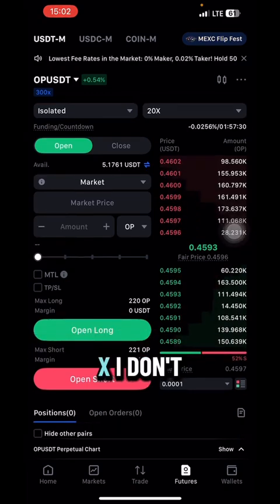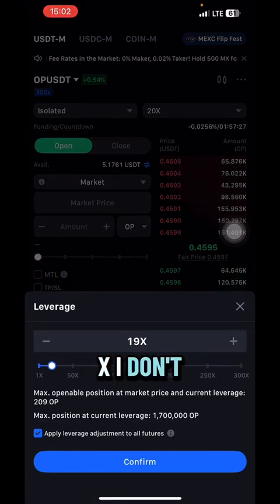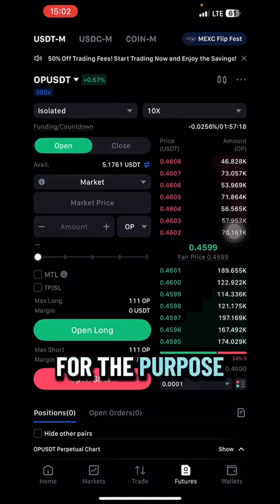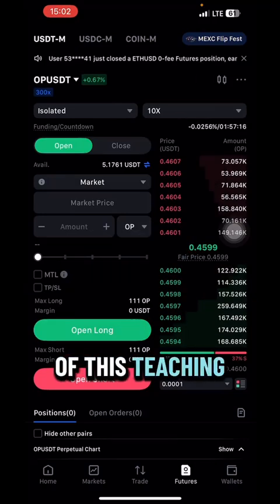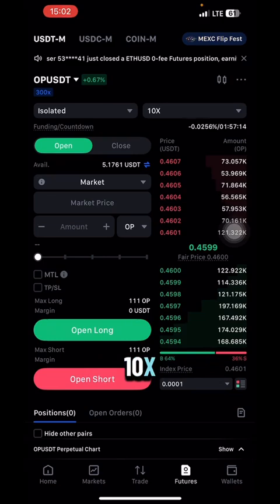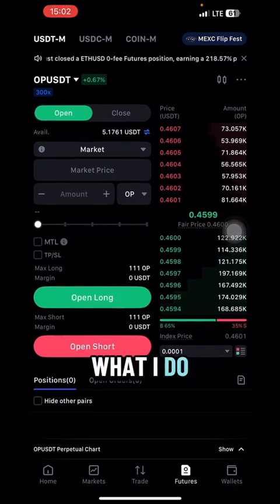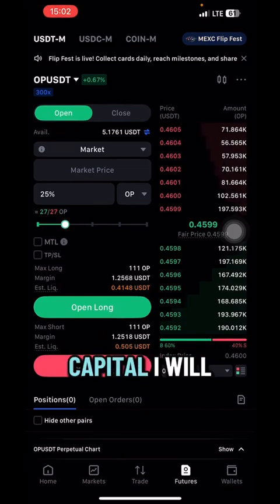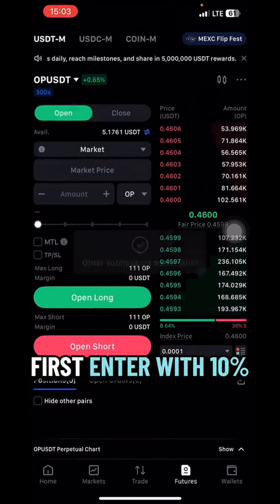This is 20x. I don't use more than 10x when I'm taking a trade. For the purpose of this teaching, I will use 10x. Now this is what I do: I will not enter with all my capital. I'll first enter with 10%.